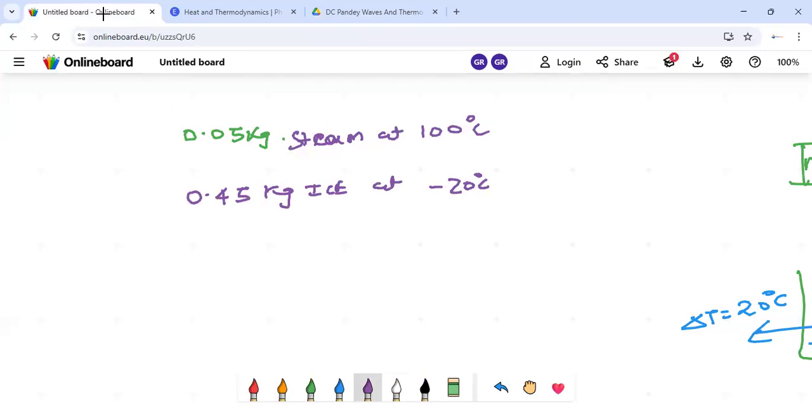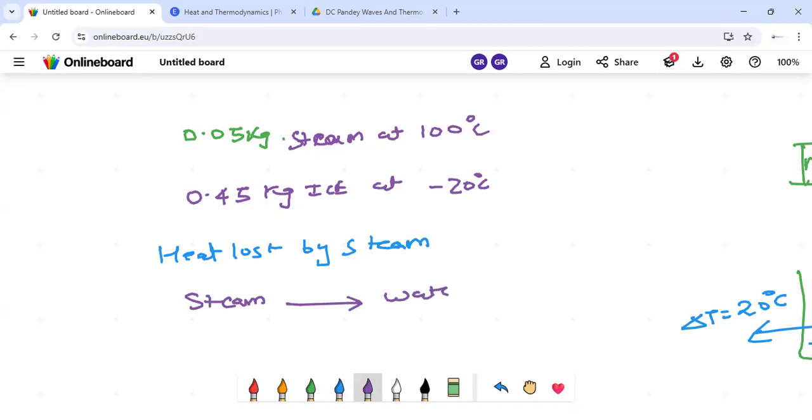Correct? So I will first calculate how much heat will be lost by steam. Now please make sure those who are still solving are also going through the same process. So first of all, steam will condense into water at 100 degree Celsius.